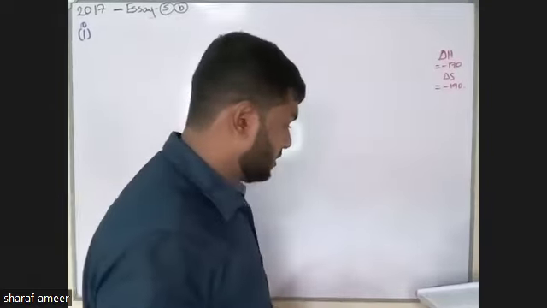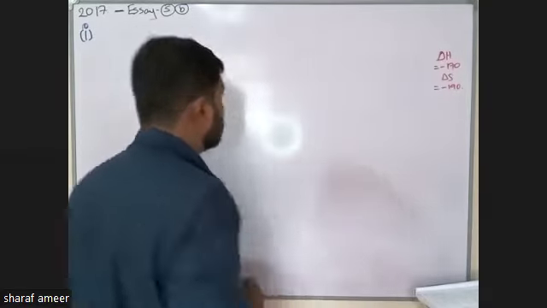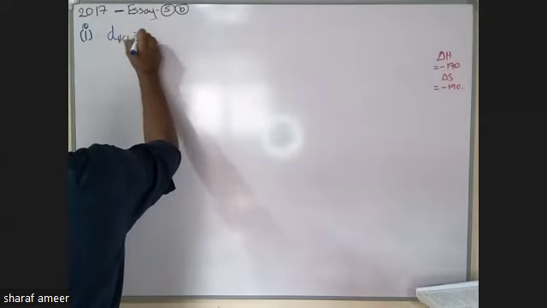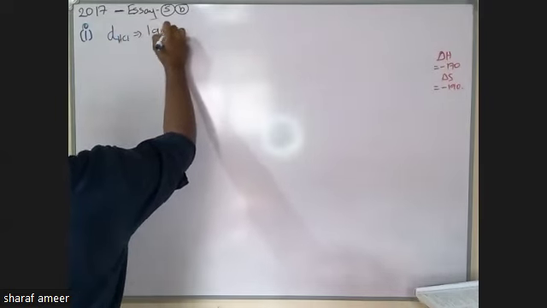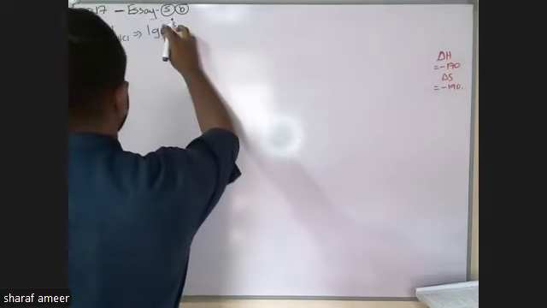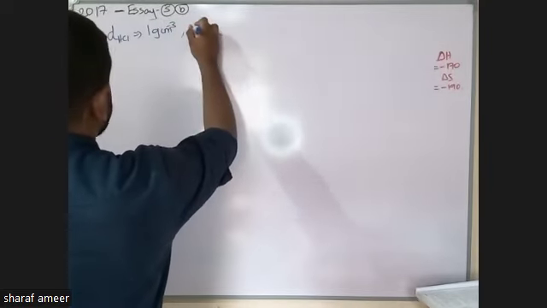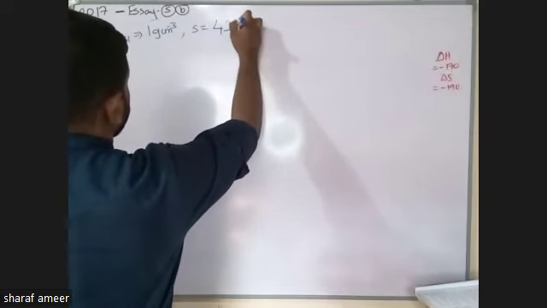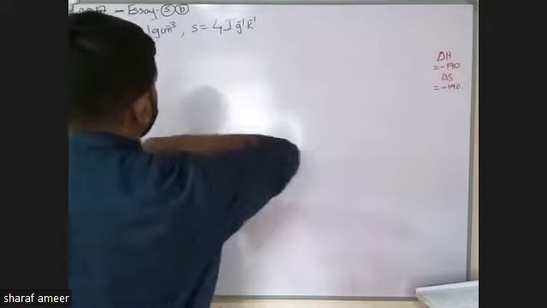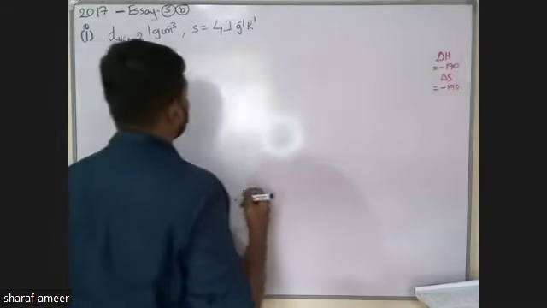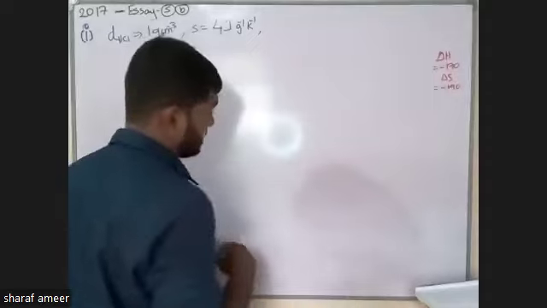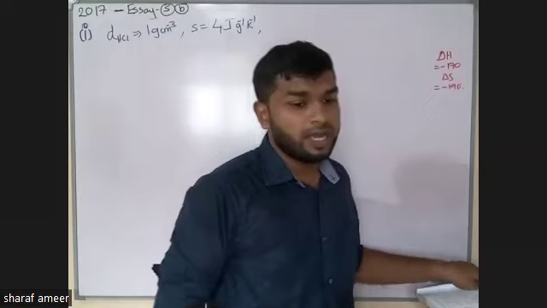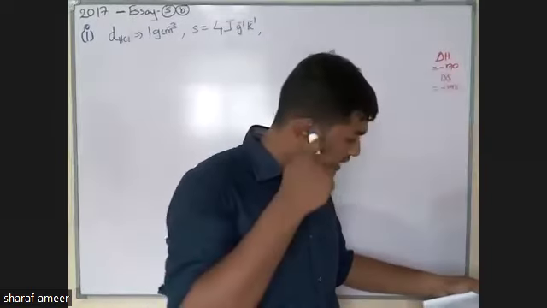Now see here guys, they have given the density of the HCl solution, that is 1 g cm⁻³. They have given the specific heat capacity of the solution, that is 4 J g⁻¹ K⁻¹. And they have given the temperature change for step 1 and 2, and the volume of the solution that they have used here.